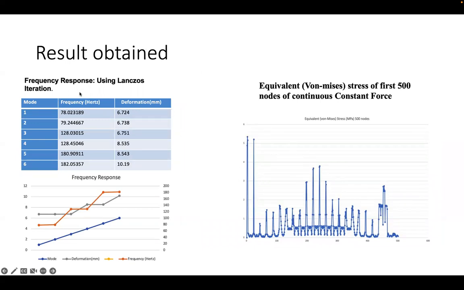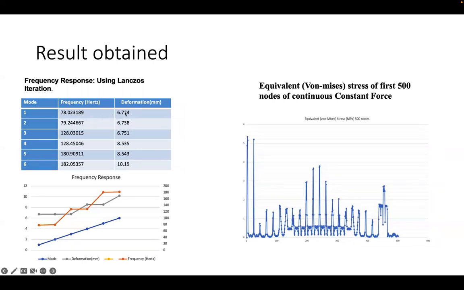We found different frequency responses, and the method used was Lanczos iteration. At different modes from 1 to 6, we can see different frequencies, and the deformation at every frequency is slightly different from the others.